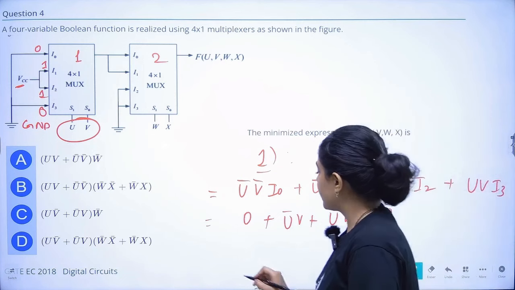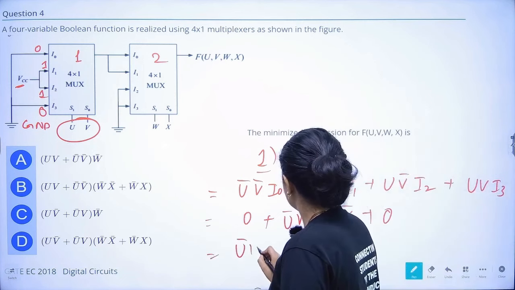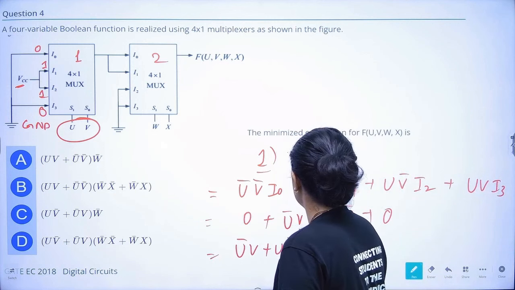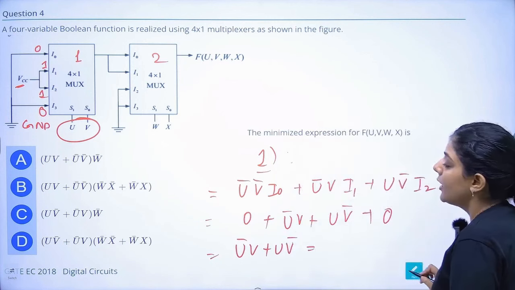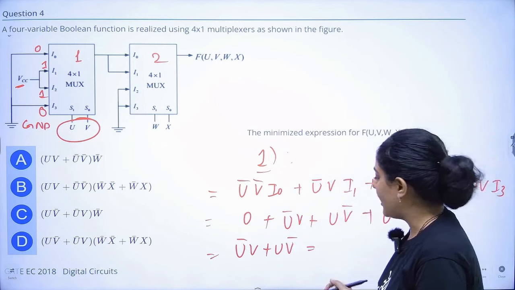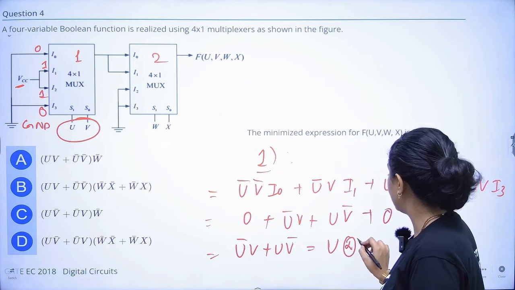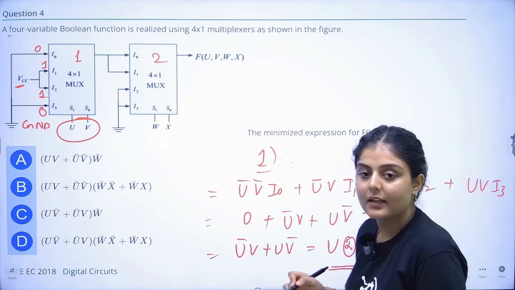So what is this logic? This is U bar V bar, so this is nothing but U OR V, right?